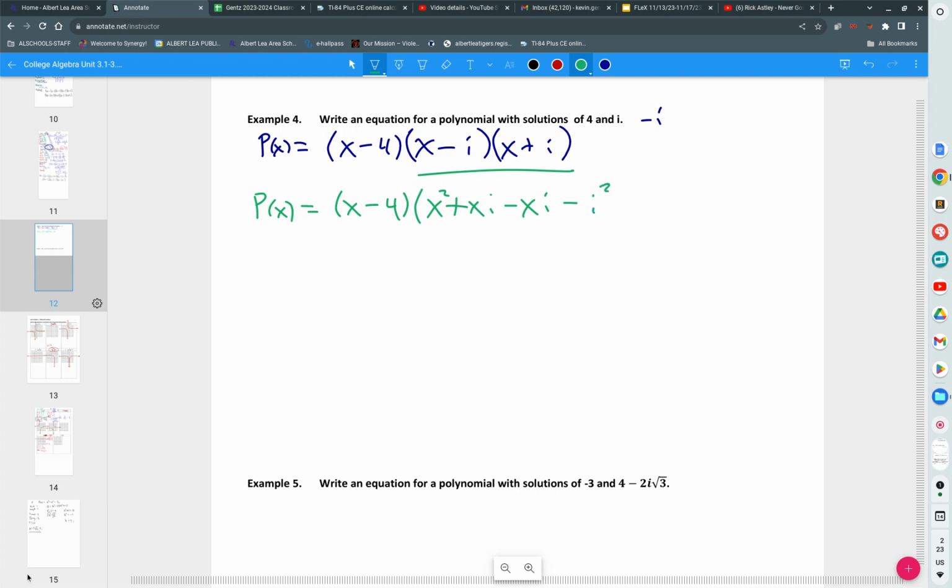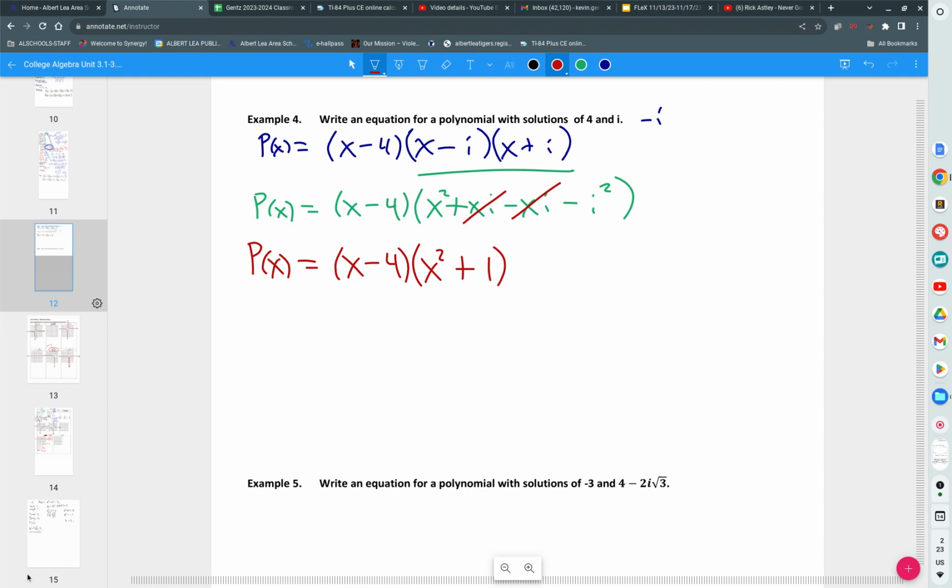Negative i squared, which Mr. Palmer says is a positive 1. He is correct. Notice in this process that the positive xi and the negative xi disappear. So we have p of x is equal to x minus 4 times, we have an x squared, and then we have a plus 1. Any questions how I came up with that?